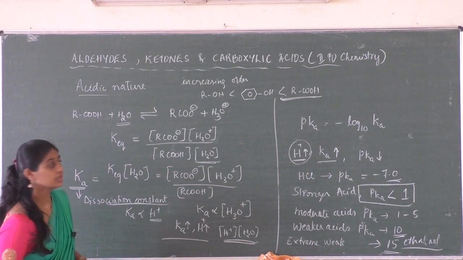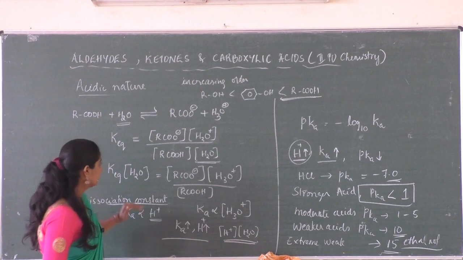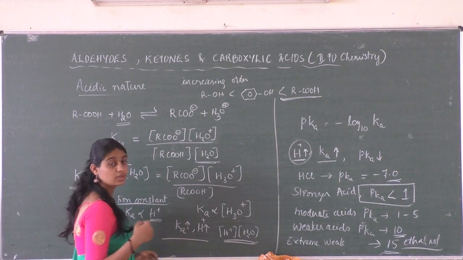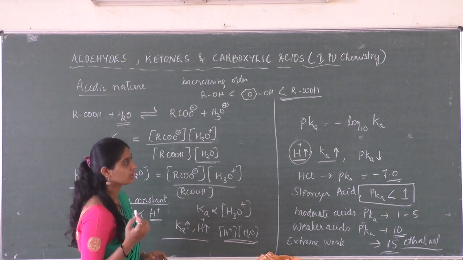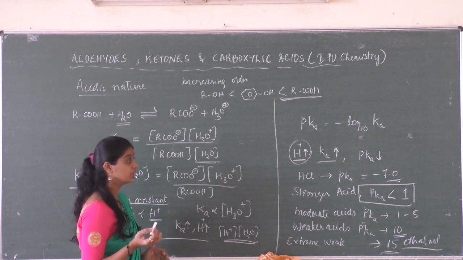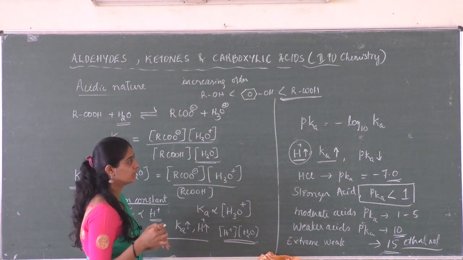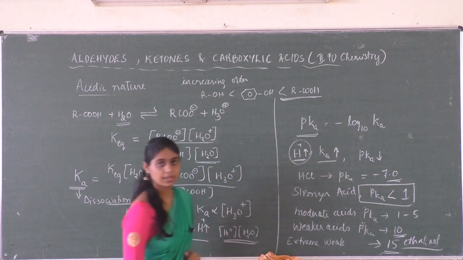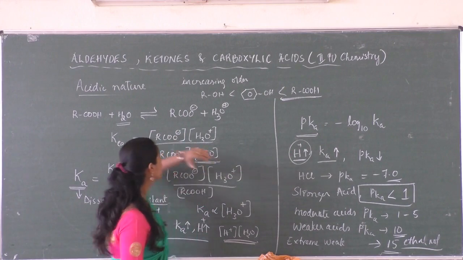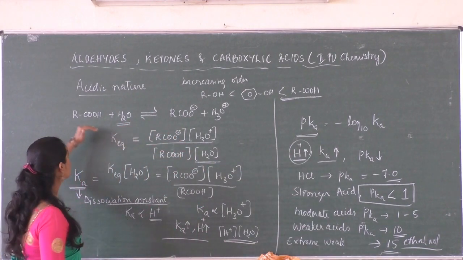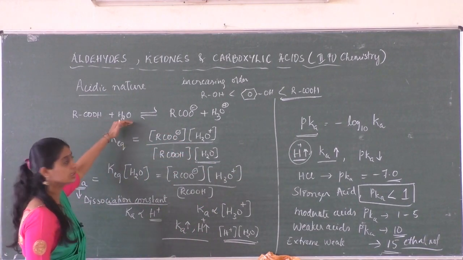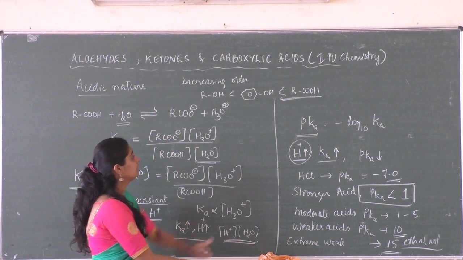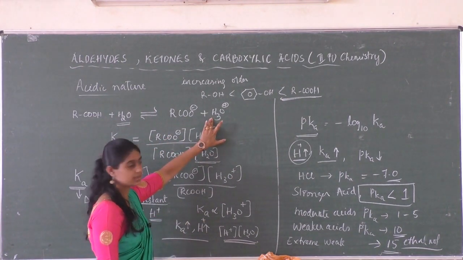Clear? So in order to express the acidic character, acidity or acid strength of a carboxylic acid or any acid, we are going to use a term that is pKa. In order to obtain that, we need to write this reaction: when an acid is dissolved in water, it forms a carboxylate ion and H3O plus.